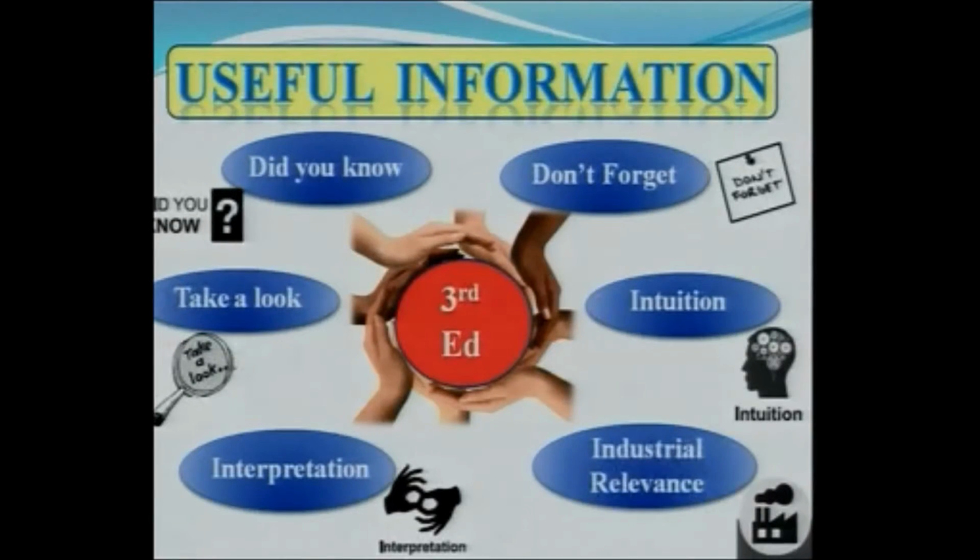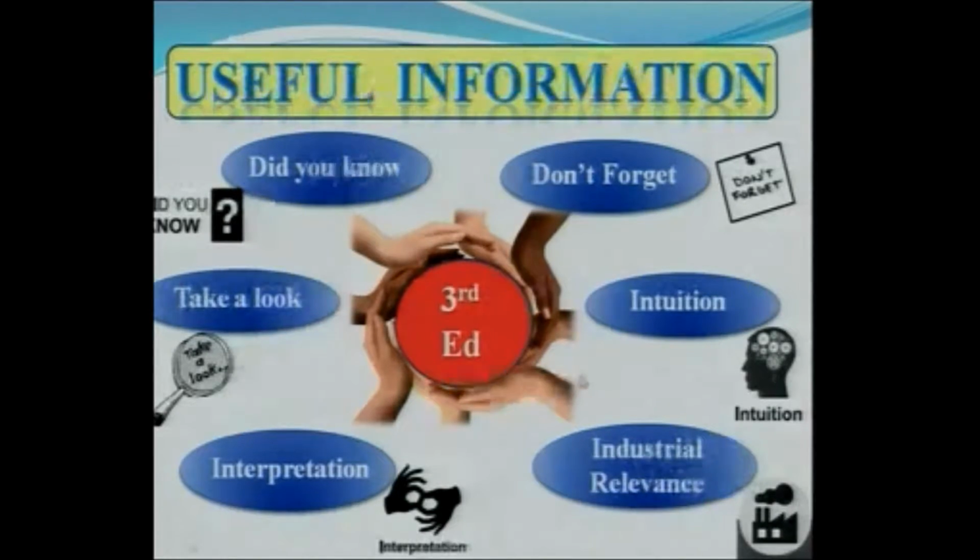Wherever we have invoked intuition, we have put the intuition icon. At places where results have interpretations, we put the interpretation icon. And whenever a concept has immediate industrial relevance, we have put an industrial relevance icon. Thus, the students are kept engrossed by highlighting all the useful information within every chapter.